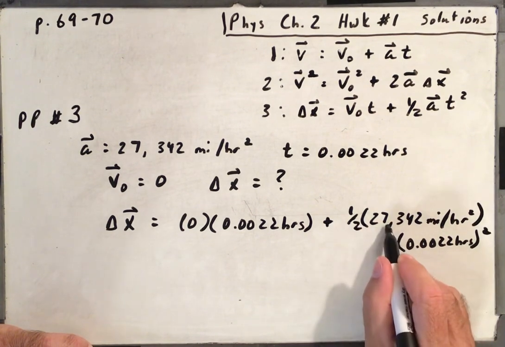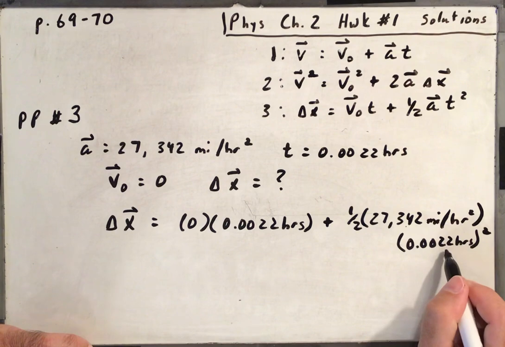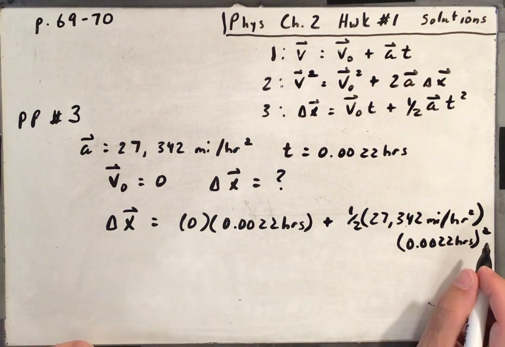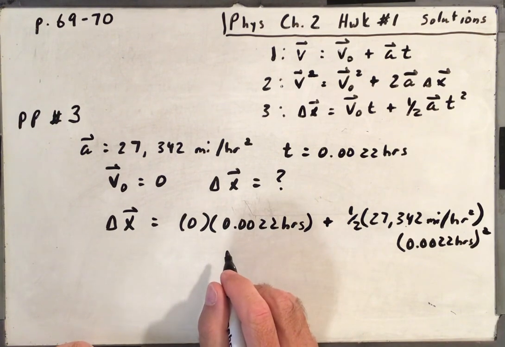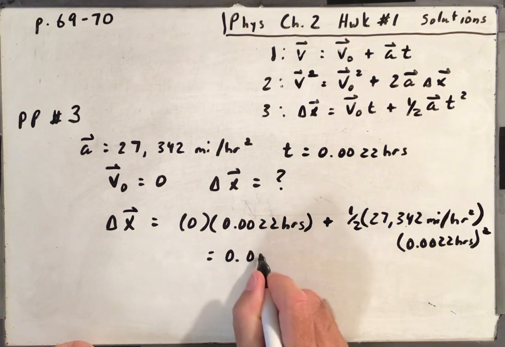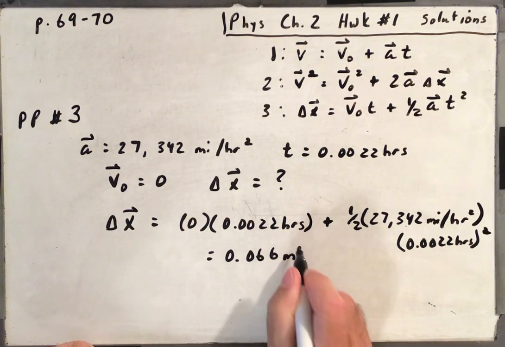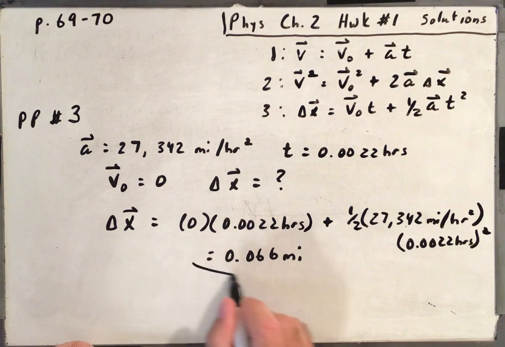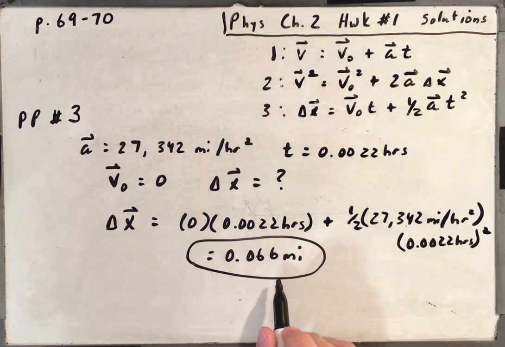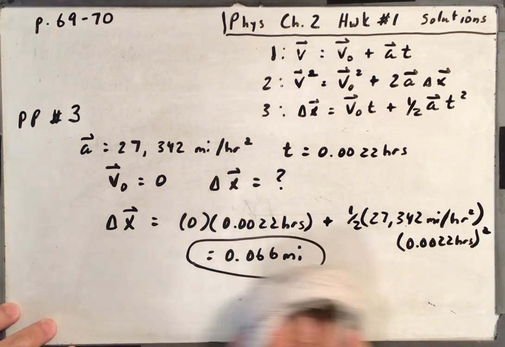So 1/2 times 27,342 times 0.0022 squared. Don't forget to square that. And that will give you 0.066 miles. The question doesn't say what unit to use, so that would be fine, 0.066 miles. All right, let's do number 4.